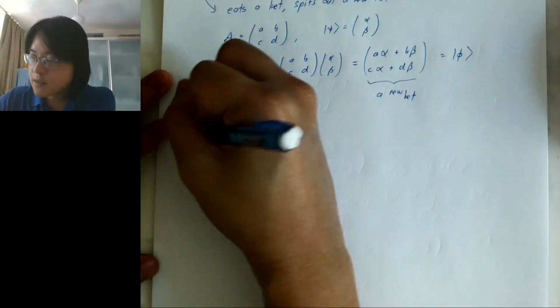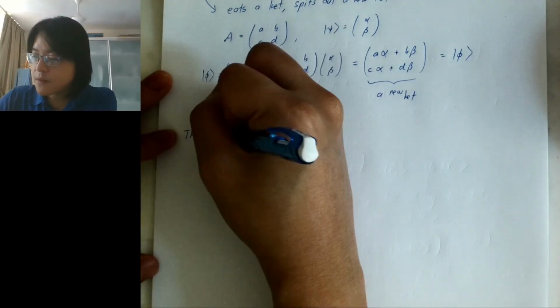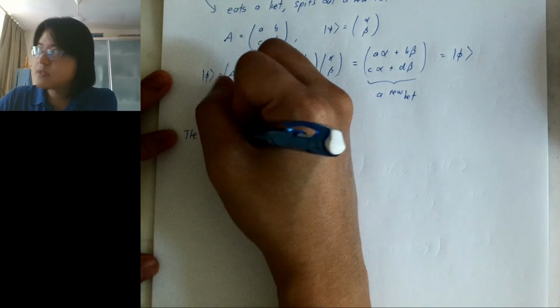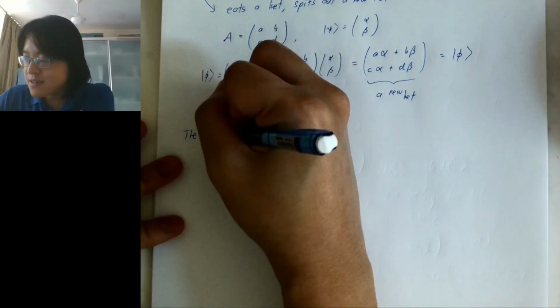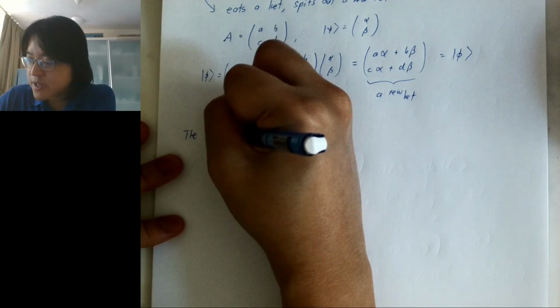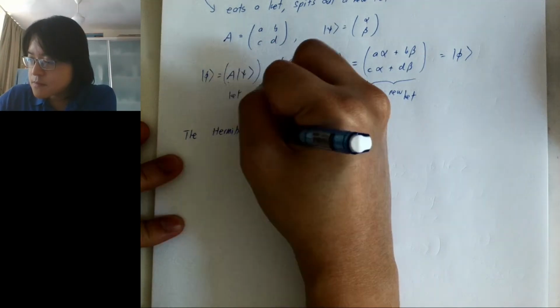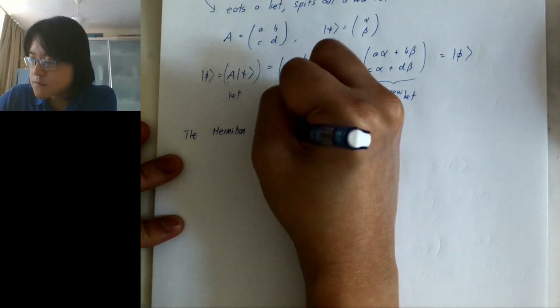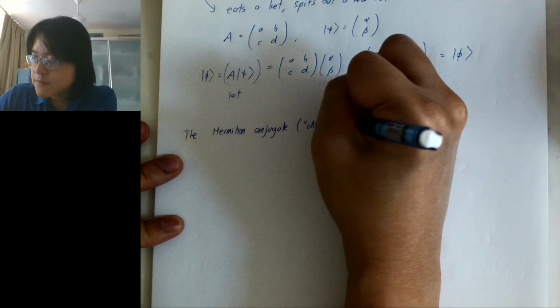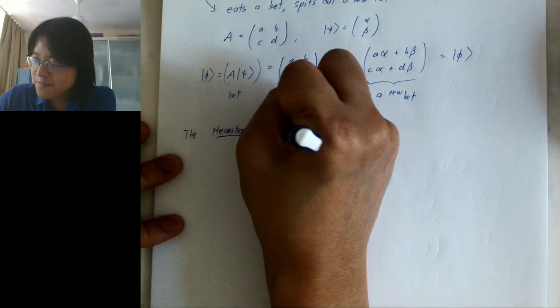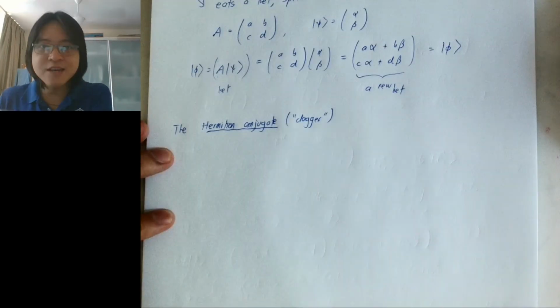I forgot to tell you the official name of the dagger. It should be called the Hermitian conjugate. So this is what I said, dagger. Yeah, this is the official name of the dagger operation.